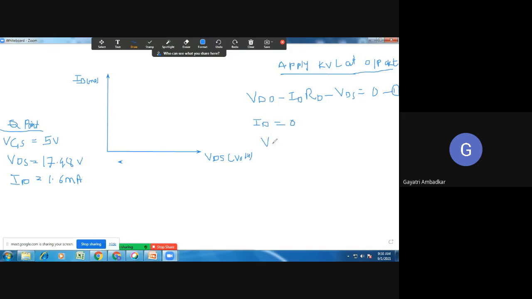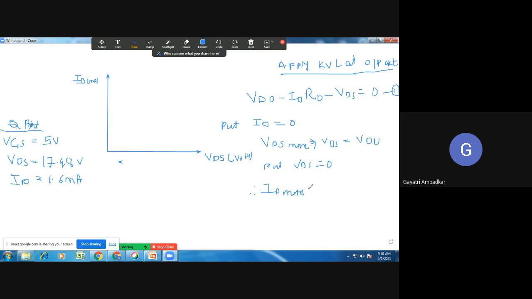In that case, you will get VDS max. If you put ID equal to 0, VDS equals VDD. And if you put VDS equal to 0, you will get ID max, whatever ID you get will be the maximum.